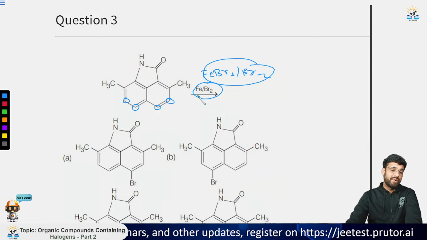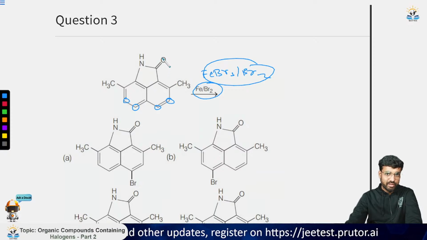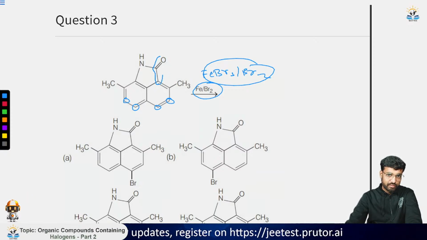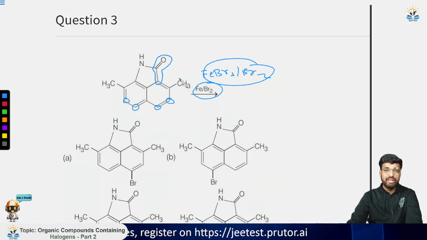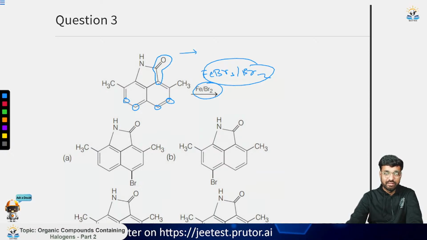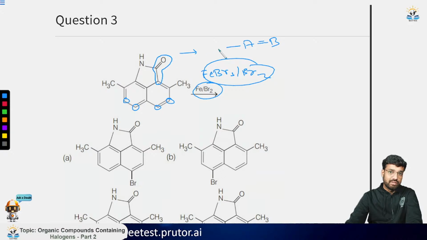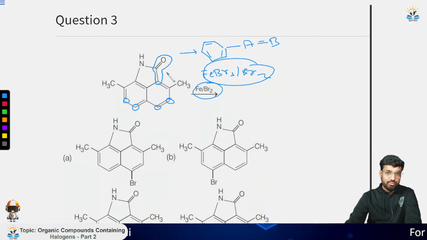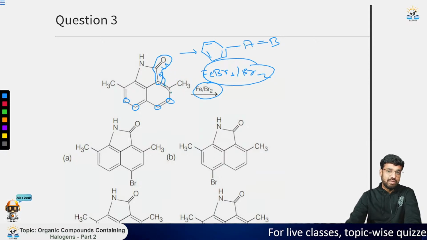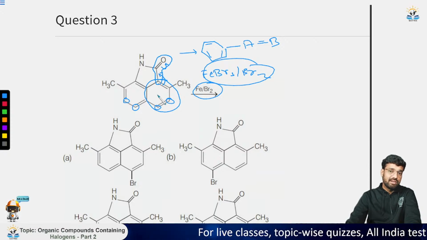Now, which one will be happening? If you consider this group here, this is a kind of deactivating group. You can compare it with this. It is similar to this. It will deactivate this ring slowly. It will take this bond pair here, and this ring is deactivated due to the presence of the acyl group.